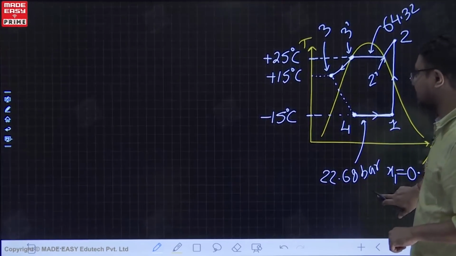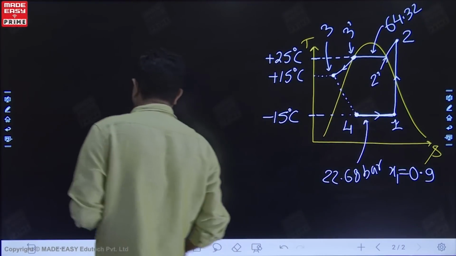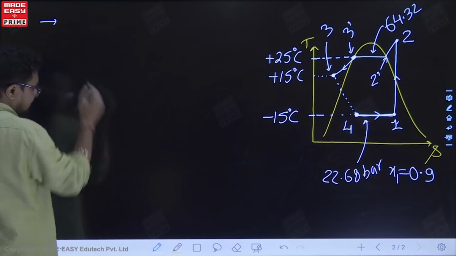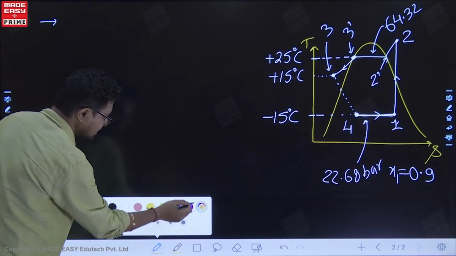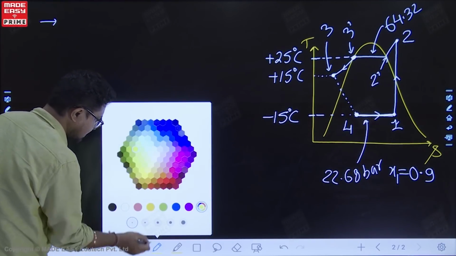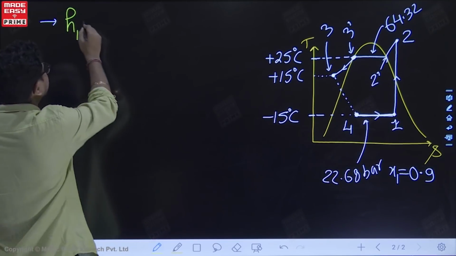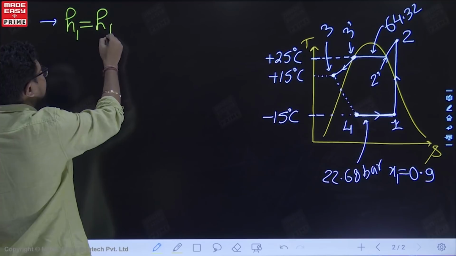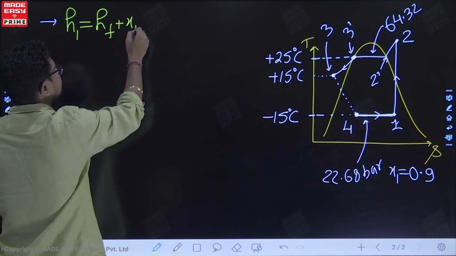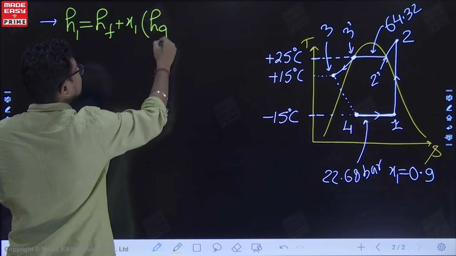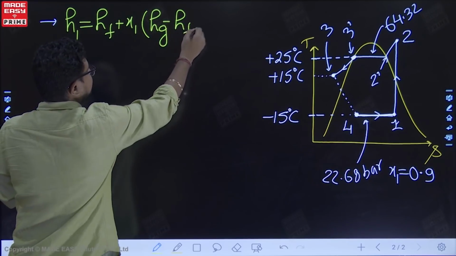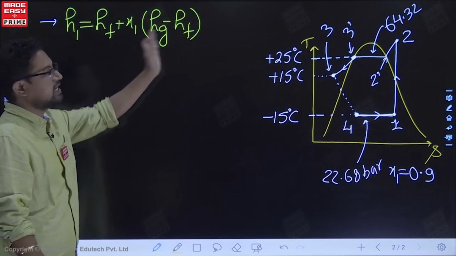How to find the enthalpy at 1? Here H1 is in the wet region, so it can be taken as HF plus X1 into Hg minus HF.